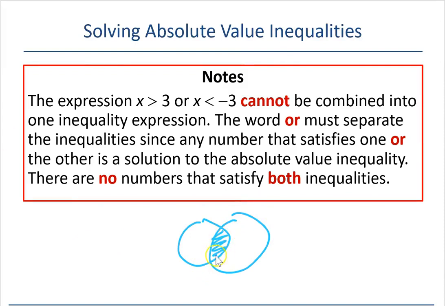Sometimes we're looking for this, and that's the and. But then sometimes there are situations where we're not looking for intersections. That's where we're looking at ors. We're looking at where they do not intersect, though they still work. You'll see these in the example, and it'll make perfect sense.